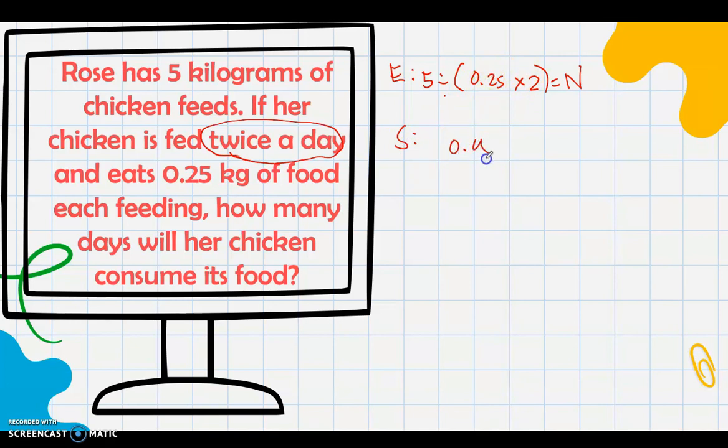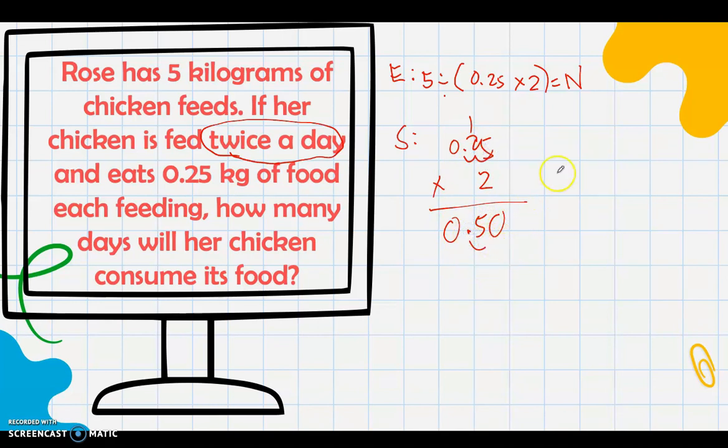Let's perform first inside the parentheses. So 0.25 times 2, following the PEMDAS rule, perform first inside the parentheses, then the multiplication, division, and addition or subtraction. So we have times 2, we have 10, carry 1, 5, 0. Count 1, 2, therefore our decimal point is here.